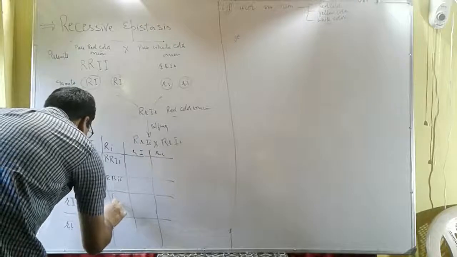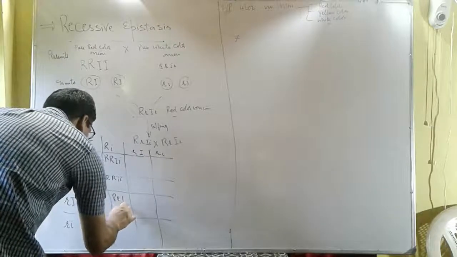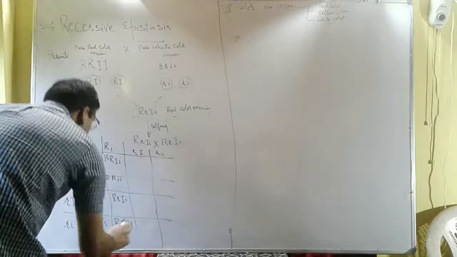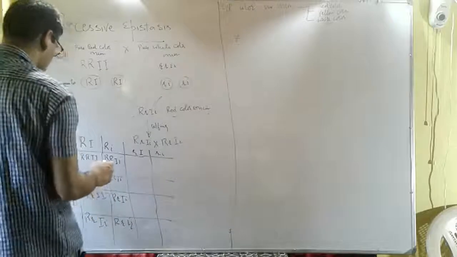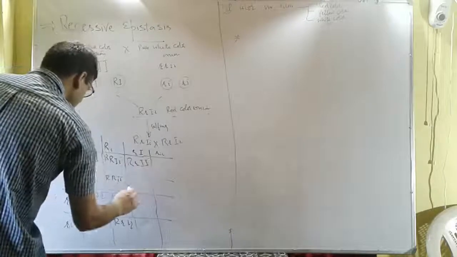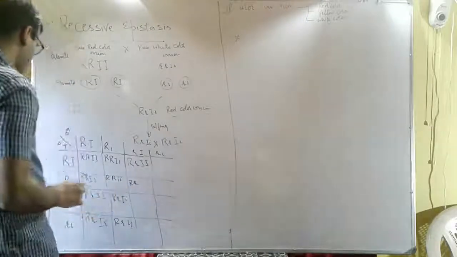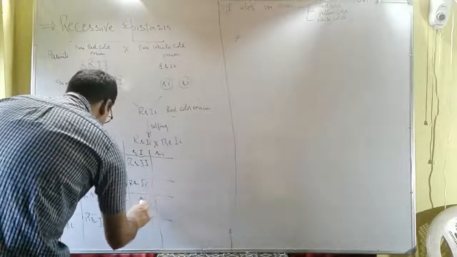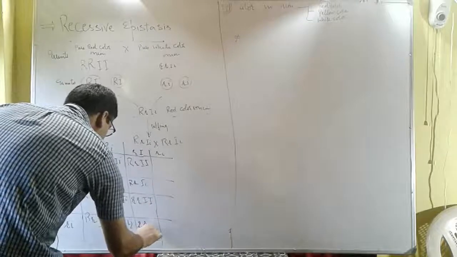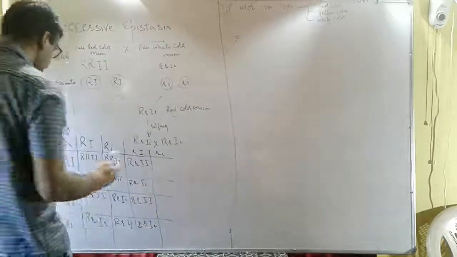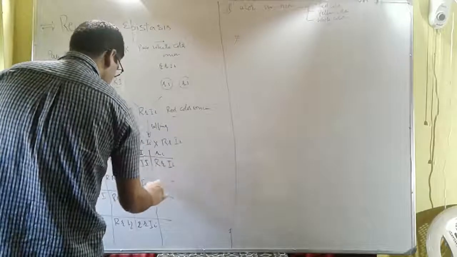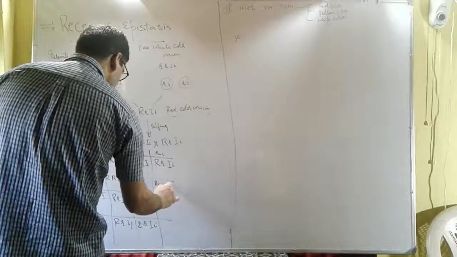Then we have capital R, small r, capital I, small i, and this is capital R, small r, small i, small i. This is capital R, small r, capital I, capital I, capital R, small r, capital I, small i, small r, capital I, capital I, small r, capital I, small i, capital R, small r, capital I, small i, capital R, small r, small i, small i.